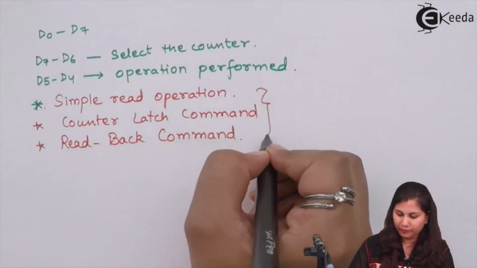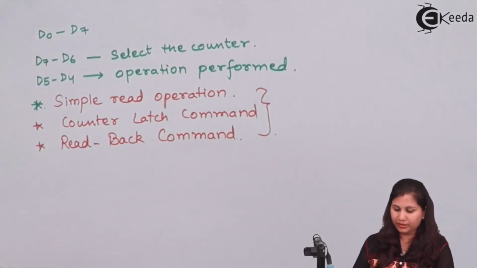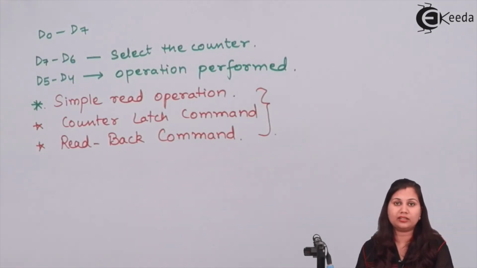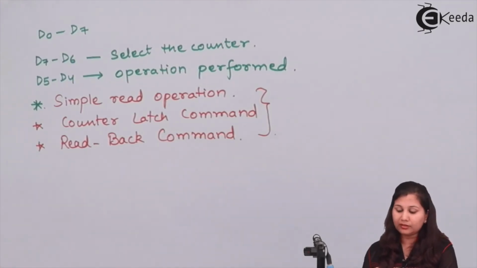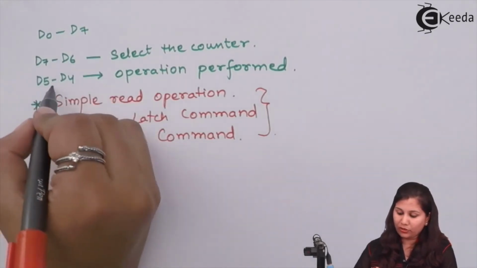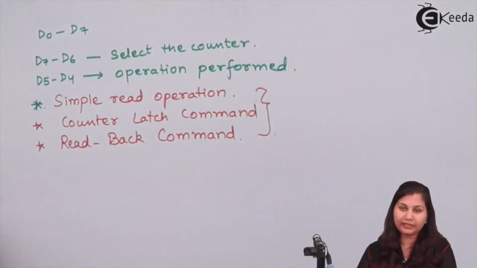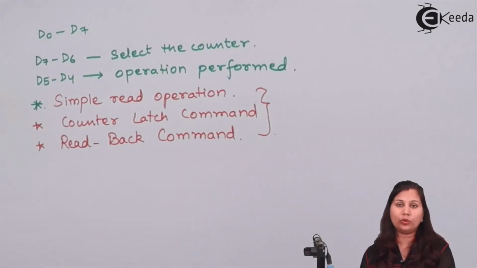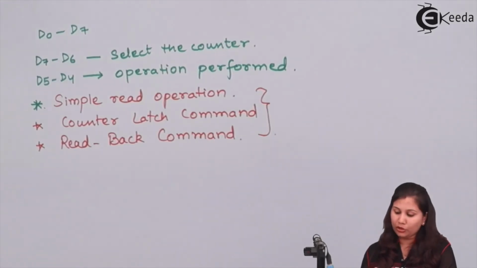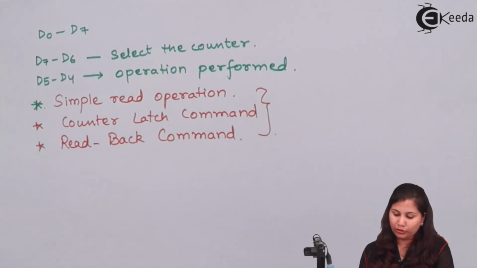So these are the three possible methods of reading the count value or reading the counters. Operations performed include reading or writing the counters and then loading the counters. One of the operations was how we can read the count value from the counters. The count value can be read by three methods: the simple read operation, then the counter latch command, and then the read back command. So let us first study the simple read operation.